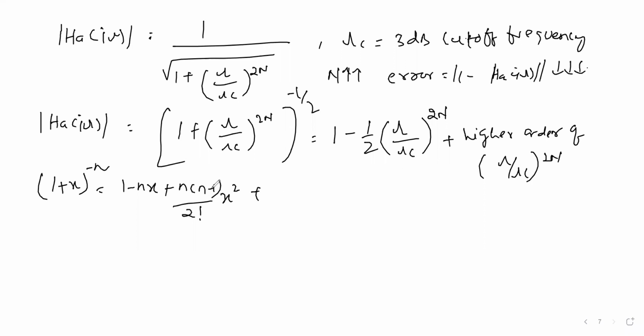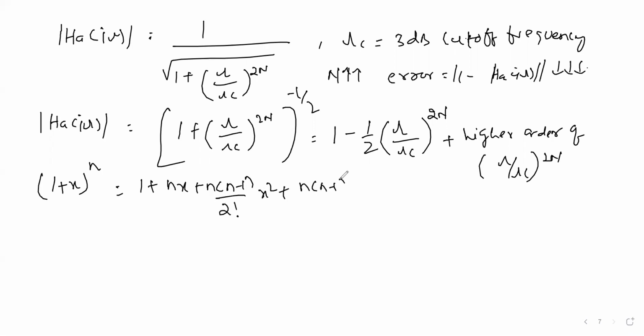Or I will give another formula, very simple. If you are confused about the minus pattern, see: (1 plus x) to the power n equals 1 plus nx plus n into (n minus 1) by 2 factorial x square plus n into (n minus 1) (n minus 2) by 3 factorial x cube, and it will go like this.